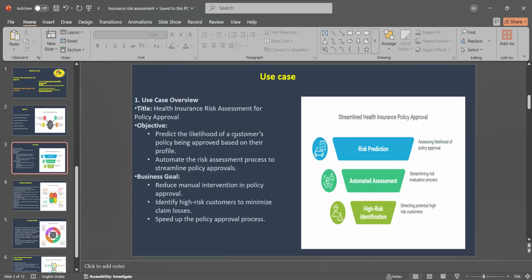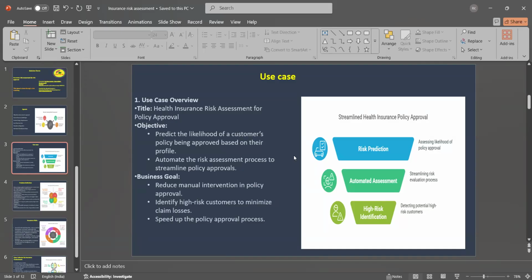If the customer needs the policy approved and to take claims, we automate that process, because nowadays, once you issue the policy and you have a claim, there is a lengthy process to get it. In my project, I will automate that process and reduce the time to get the claim amount.